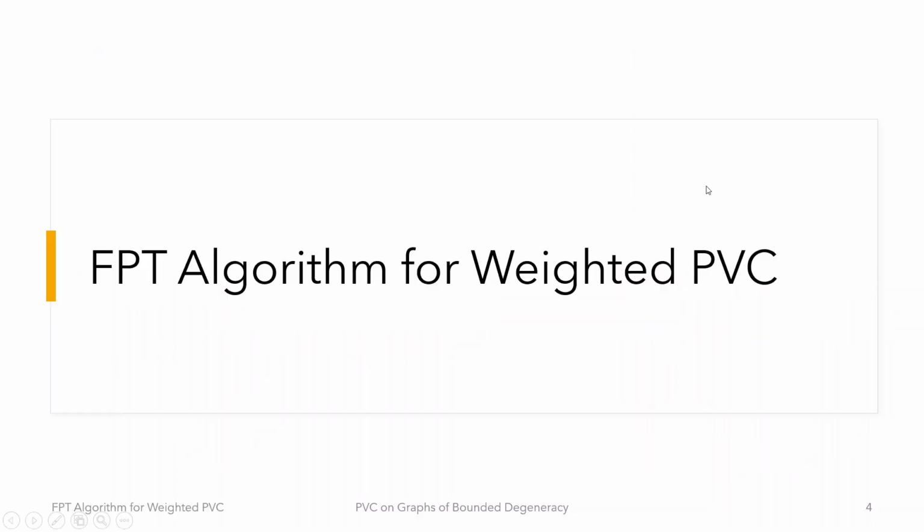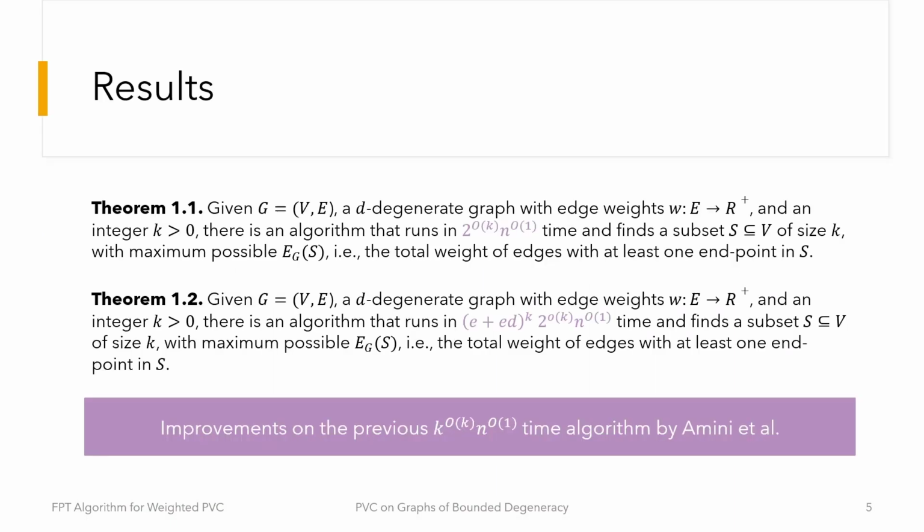Okay, the first result is an FPT algorithm. And the way I will describe the result is kind of different from the paper. I will try to be more intuitive. So we already had an FPT algorithm for graphs of bounded degeneracy.